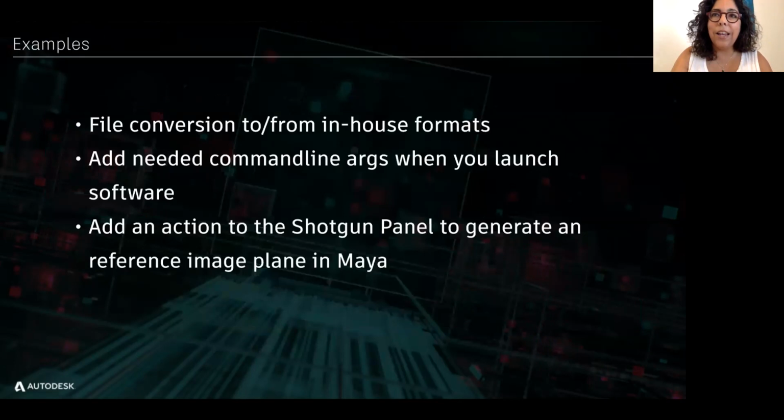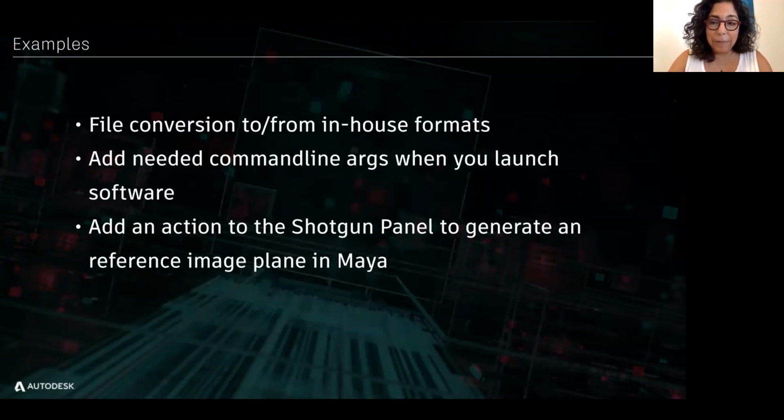So for Jed, he can use that file format conversion at publish time. He can have his TD write a hook so that when animation publishes, it will generate those FBXs for his crowds team, and they'll be readily there for them. Some other examples of hooks are, like we said, file conversion to or from in-house formats.